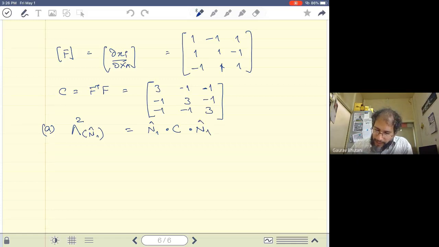So our n here is 1 by root 2, 1 by root 2, 0, that's E1 plus E2 by root 2. Then you have your C tensor.